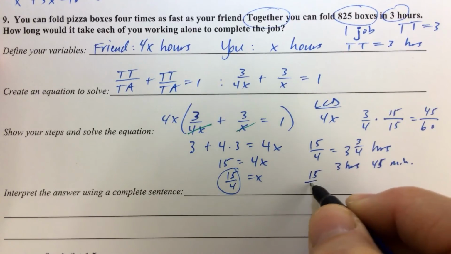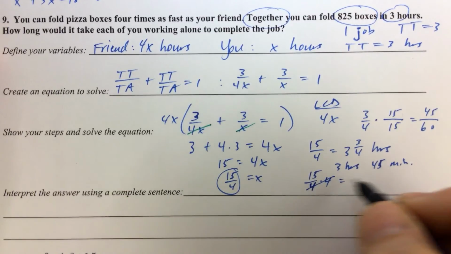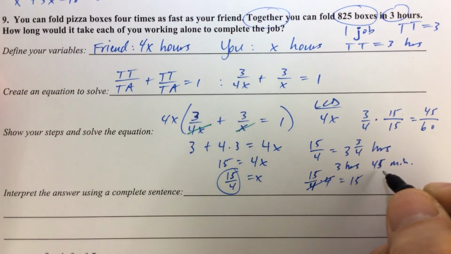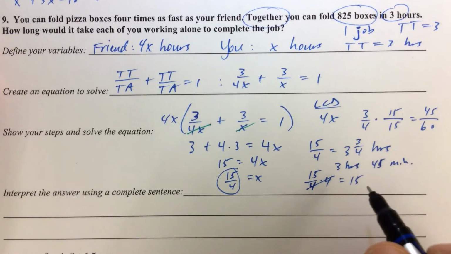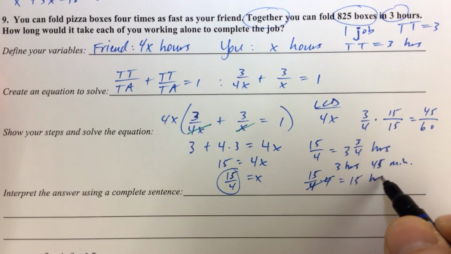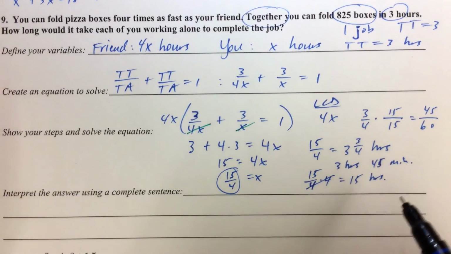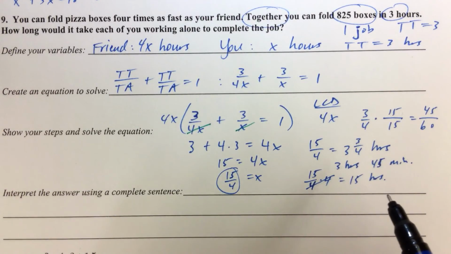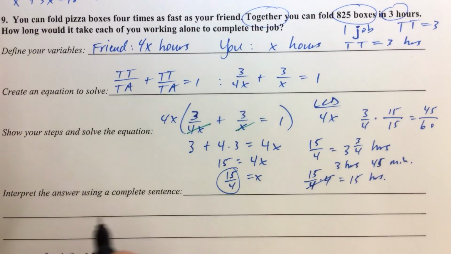Take 15 over 4 times 4. The 4's cancel and we get 15. So it actually takes your friend 15 hours, because your friend takes 4 times as long as you do, and you take 3 hours 45 minutes.